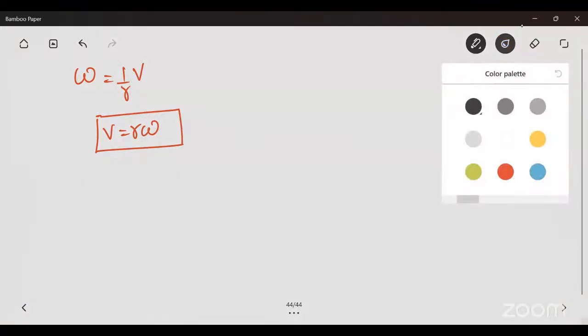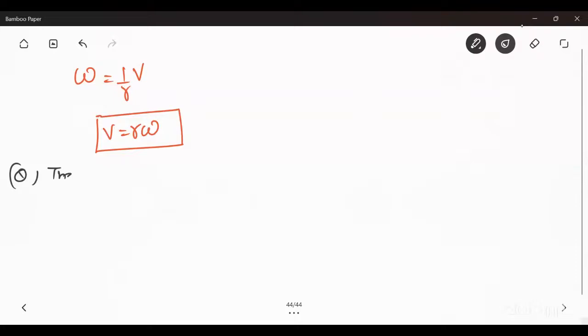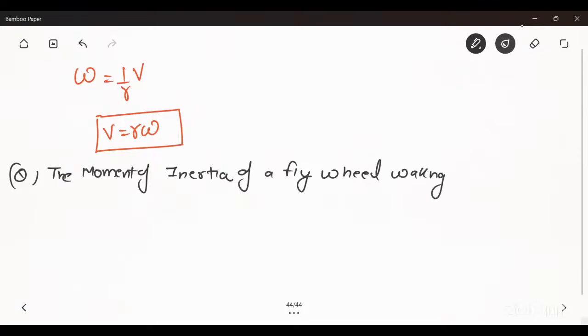Now the next question is, the moment of inertia of a flywheel making 300 revolution per minute is 0.3 kg meter square.